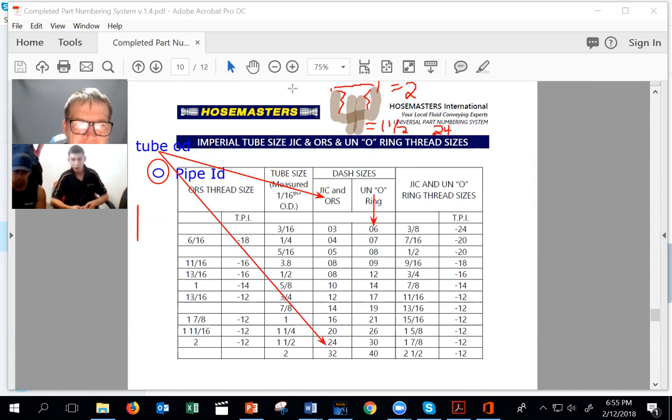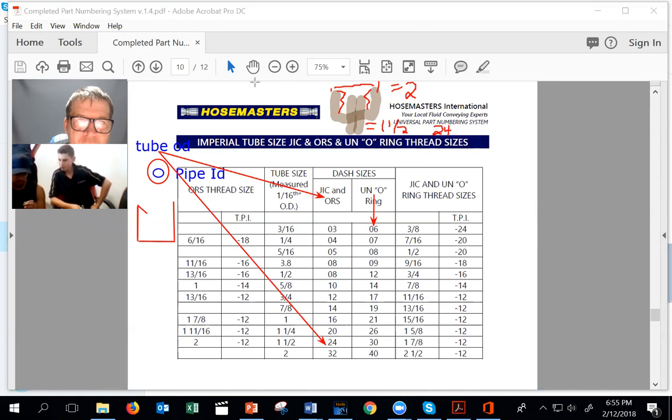I'm trying to get the right draw. Okay, you can see it, but it's flat, right? The ORS here, flat, and the other one's flat, and it's got no ring in the middle of it.